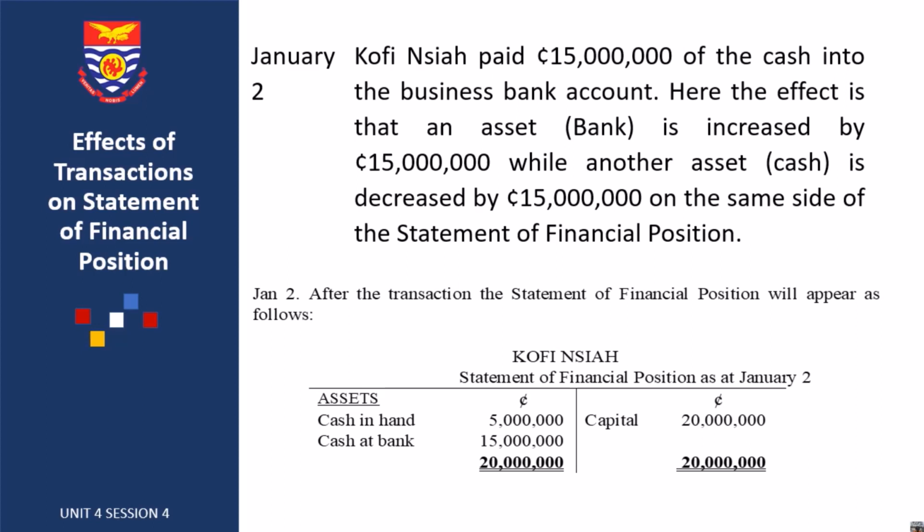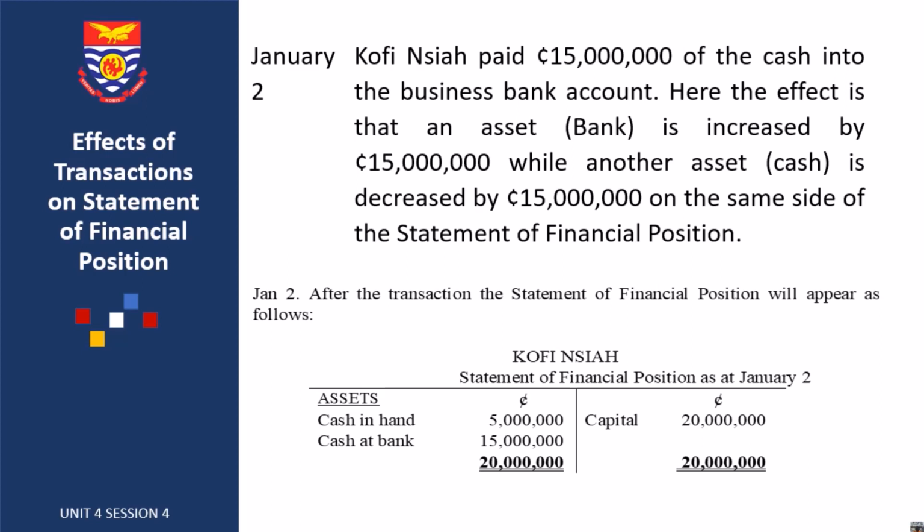Since some of the cash was taken and deposited in the business bank account of the organization, the balance on the cash will reduce, and what will be left is 5 million Ghana cedis, whilst another asset in the form of bank balance would have increased by 15 million Ghana cedis. So we see that the change only occurred at the asset side of the statement of financial position, but there is no change on the capital or the liability side.